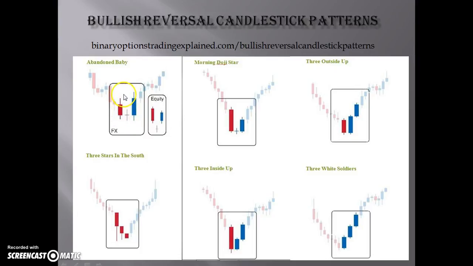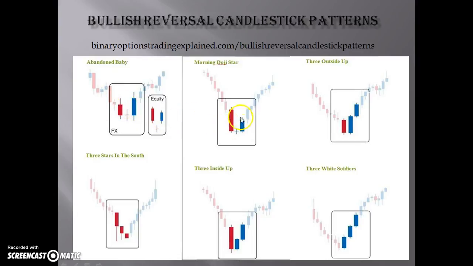For instance, for the abandoned baby, a bearish candlestick forms first, closes, and then a doji forms, then a bullish candlestick forms. Now when the bullish candlestick forms, it breaks through and moves above the first bearish candlestick. It opens at the point of the doji, but it closes above the first bearish candlestick.